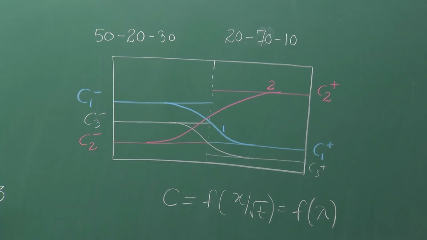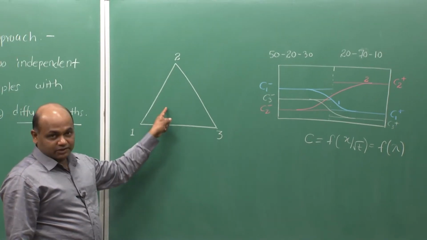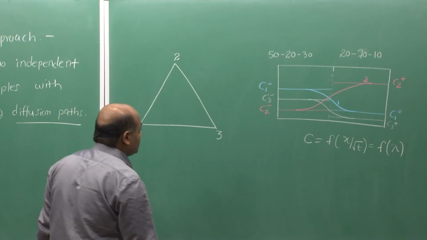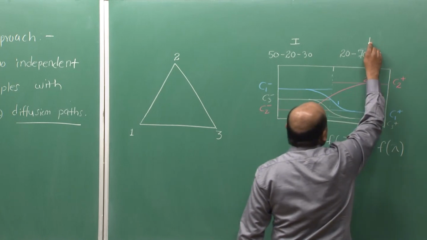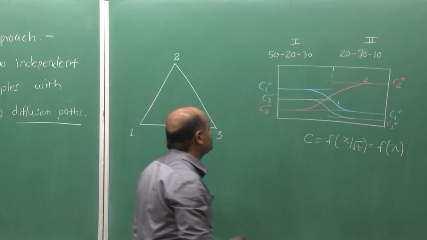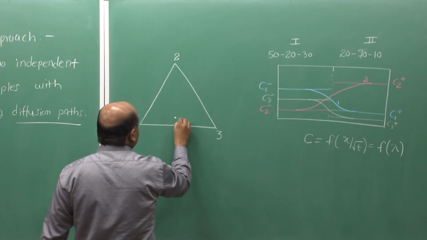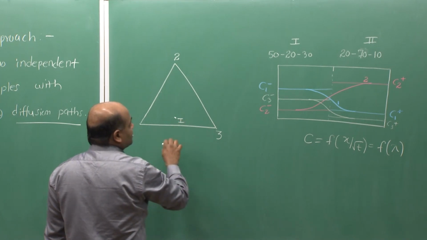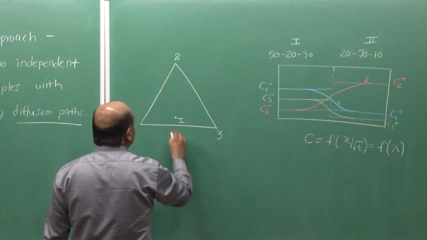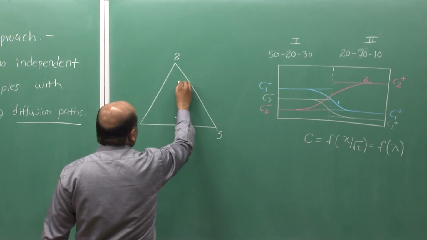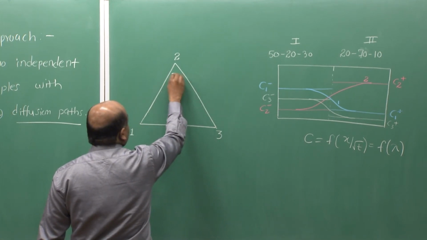If we plot this sequence on the ternary isotherm, so let us say somewhere here is my alloy 1 and here is alloy 2.